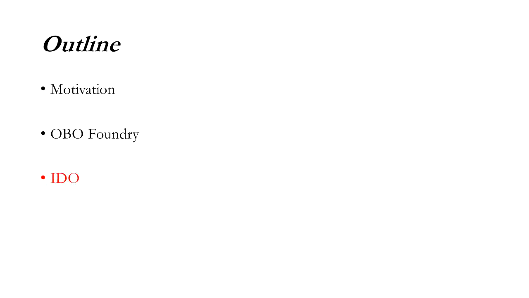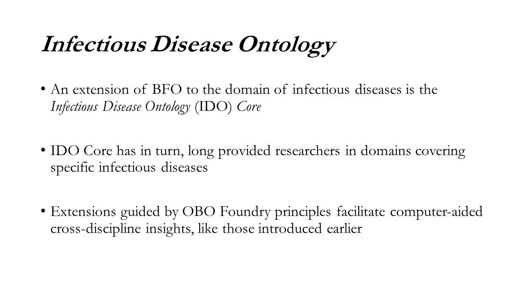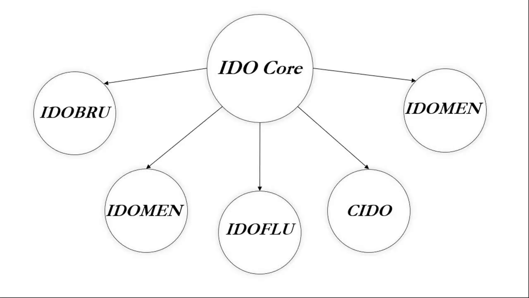Now, this leads naturally to the Infectious Disease Ontology, which is an extension of BFO to the domain of infectious diseases, just like the name says. This IDO Core, as we call it, has provided researchers and domains terms for covering specific infectious diseases. And extensions are guided by these OBO Foundry principles, and they facilitate computer-aided cross-discipline insights like the ones we began with.